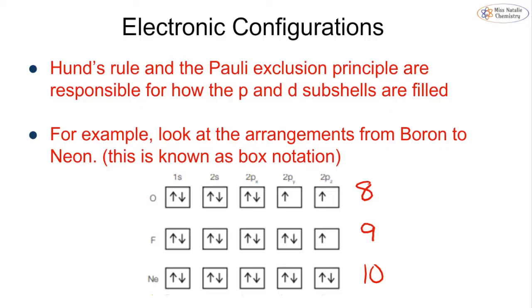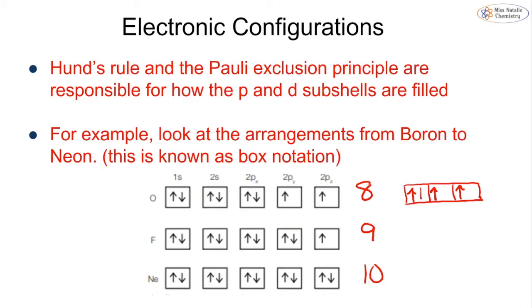Now the 2p we know has 3 separate orbitals. Sometimes you may see them drawn separately, or you may see it drawn as one large box split into 3. And we fill the electrons individually. So there's 1, 2, 3. That gives me 7 electrons in total that I have filled.